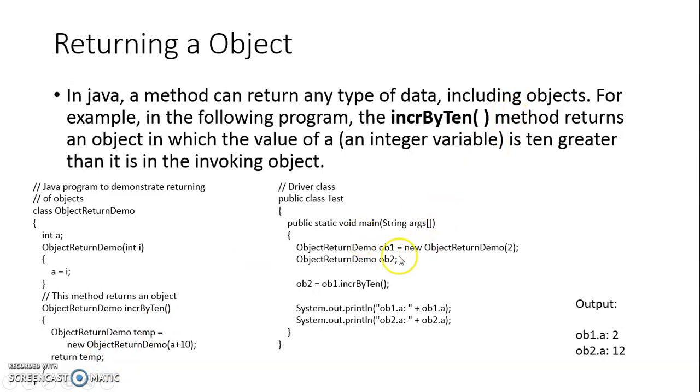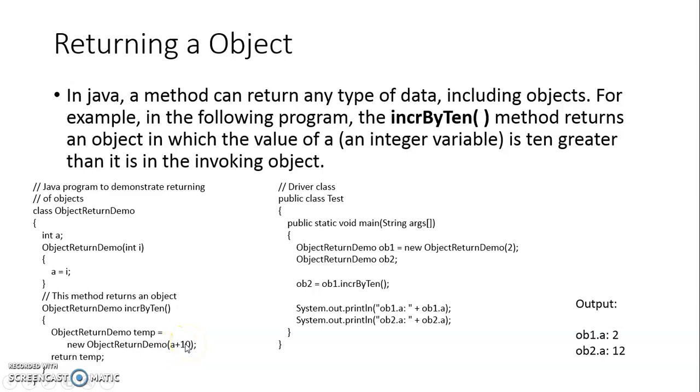Here is my main function. Here I have created the object. As the object is created, the constructor will be called. For the second, again the constructor will be called. Then ob2 equals ob1.incrByTen. Now here I have returned the object, whatever value is given by the function, that is a plus 10.